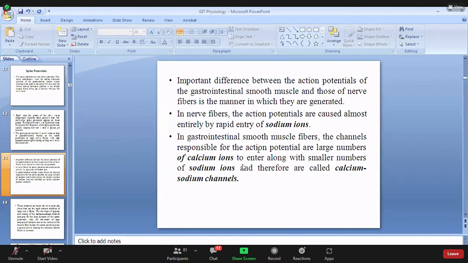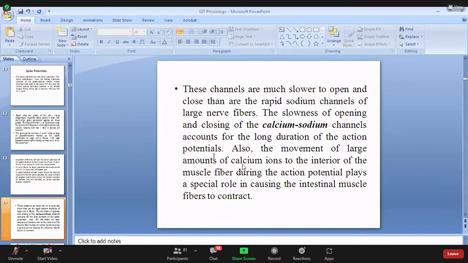But in the case of gastrointestinal smooth muscle, the channels responsible for the action potential allow a large number of calcium ions to enter along with a small number of sodium ions, and therefore are called slow calcium-sodium channels. Here the depolarization is mainly due to calcium ion, and then a small amount of sodium ion.